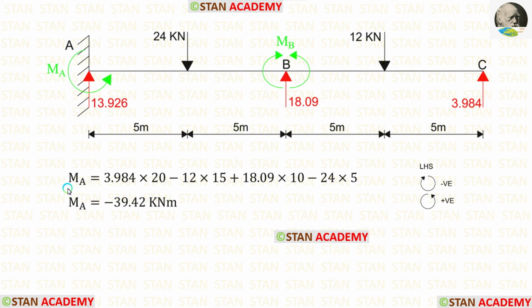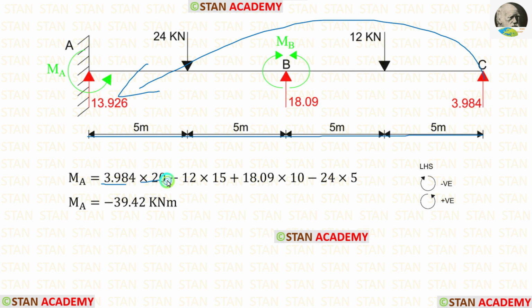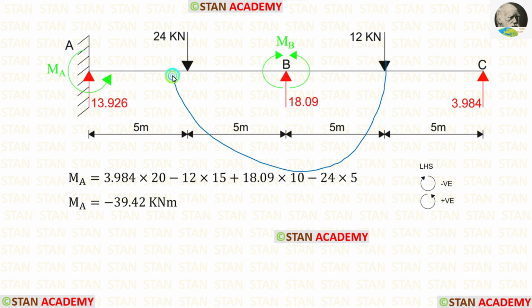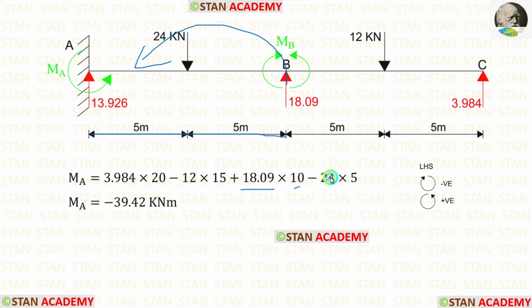Now let us find the moment at the point A, MA. RC is acting in the anti-clockwise direction, so it will be positive and the distance is 20. The point load is acting towards the point A in the clockwise direction, so it will be negative and the distance is 15. RB is acting towards the point A in the anti-clockwise direction, so it will be positive and the distance is 10.